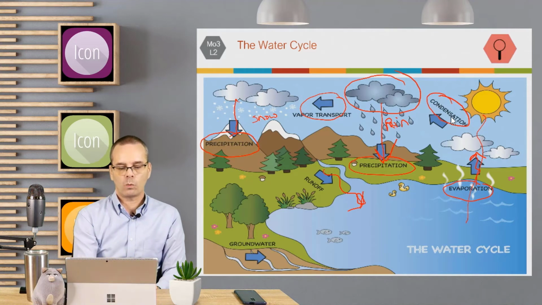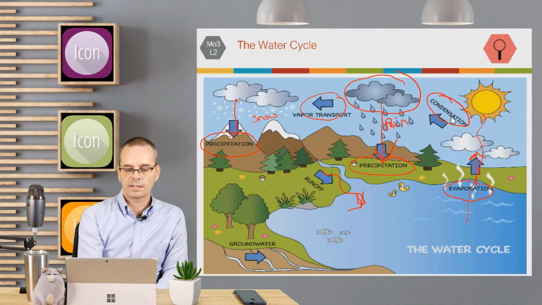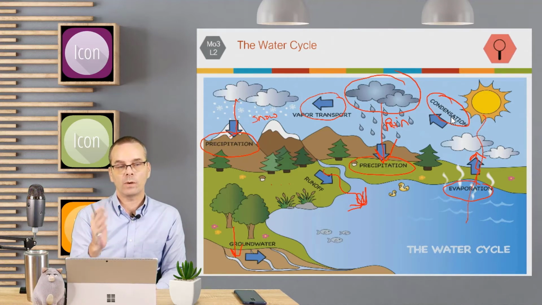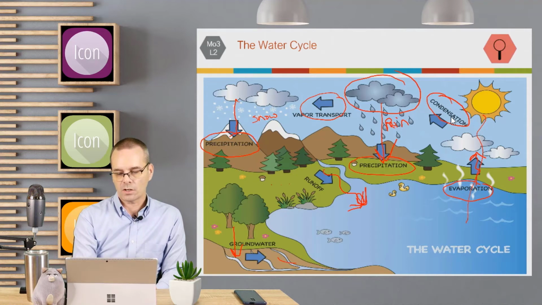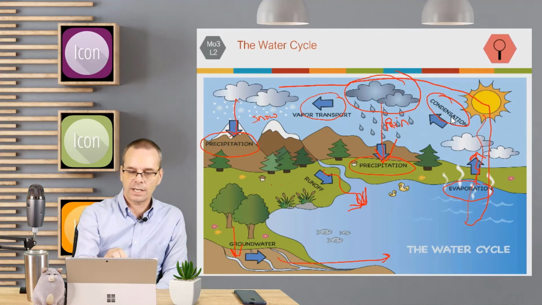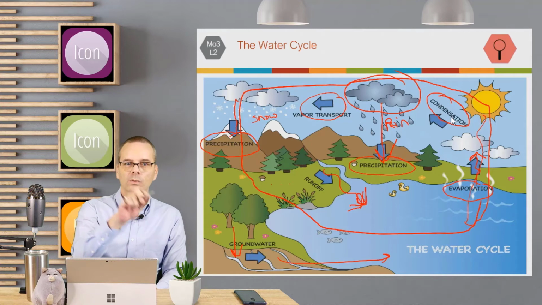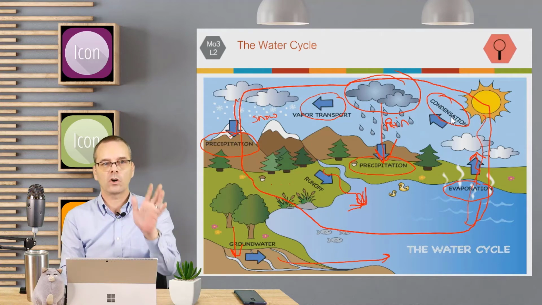And then when that water hits the ground, some of it will run off into a large body like we saw here, and some of it will go down into the ground, right? And that'll be groundwater. And then it runs off again, then it gets evaporated, then it condenses, then it transports, then precipitation, then runoff, and back. So you can see it just goes around and around and around. That's what we call the water cycle.